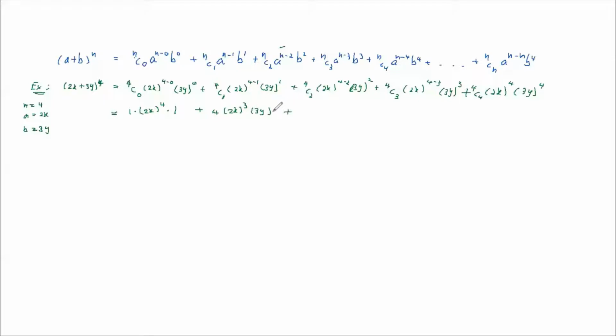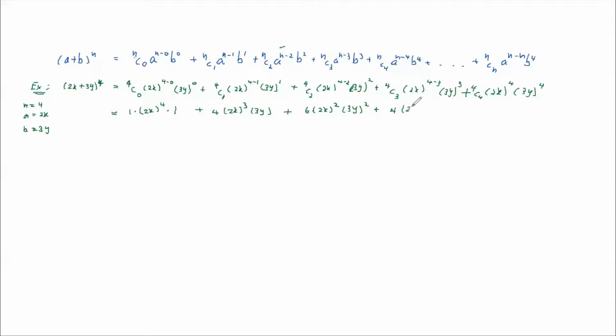Plus, then you can use calculator, right? 4c2 equal to 6 times 2x power 4 minus 2, power 2, and then 3y power 2, plus 4c3, you use calculator, 4c3 equal to 4.